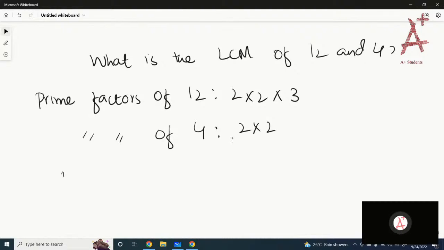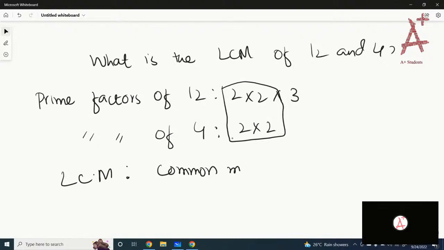Okay, you have to write the LCM. Now see, here you have the common factors. They are this one, 2 times 2. So for LCM, you have to multiply the common multiples and the non-common multiples.